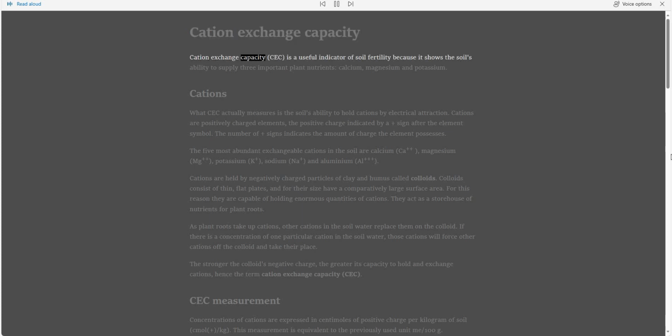Cation exchange capacity, CEC, is a useful indicator of soil fertility because it shows the soil's ability to supply three important plant nutrients: calcium, magnesium, and potassium. What CEC actually measures is the soil's ability to hold cations by electrical attraction. Cations are positively charged elements, the positive charge indicated by a plus sign after the element symbol.